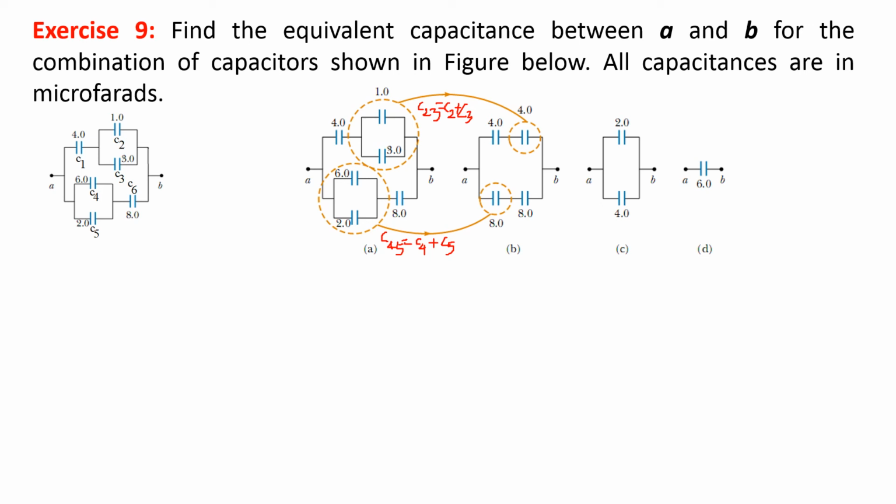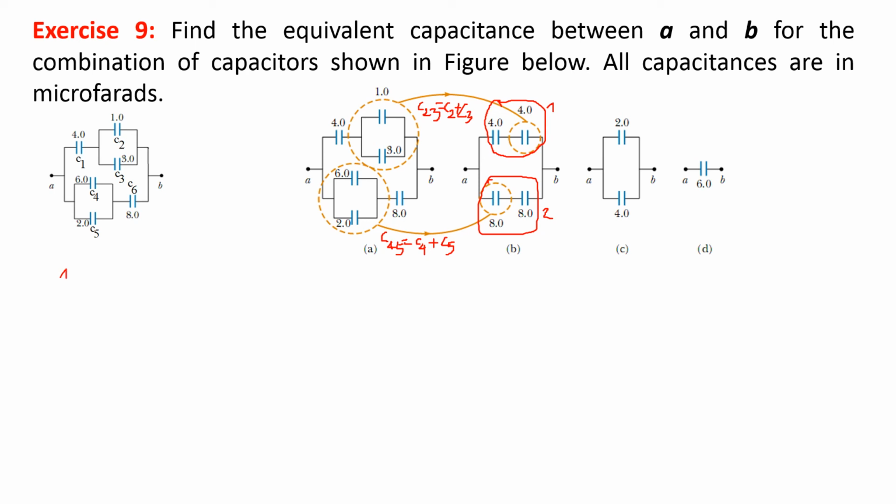Capacitance 4 is equal to 6 microfarad plus 2 microfarad equals 8 microfarad. And here we have then a series connection of 4 and 4 microfarad and a series connection of 8 and 8 microfarad. Let us say 1 and here say 2.